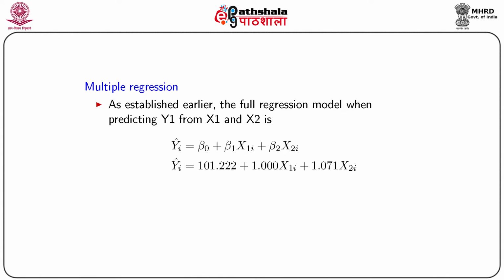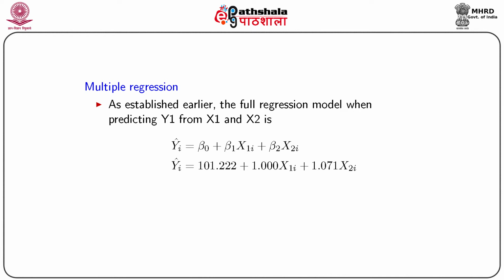So as we can observe, the values of both beta 1 and beta 2 change when both x1 and x2 are included in the regression model. In the previous few slides, we have first seen the simplistic case where y is estimated by the mean value of the observed values of the dependent variable y, which was yi hat equals beta naught.